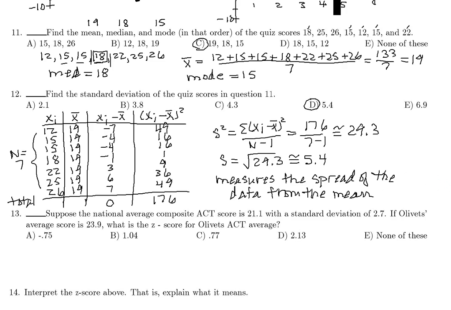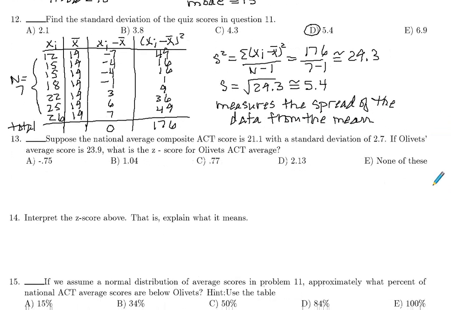So if we found standard deviation for another set of data and that value was higher than 5.4, they would be more spread out. Okay, number 13, we are finding a z-score.